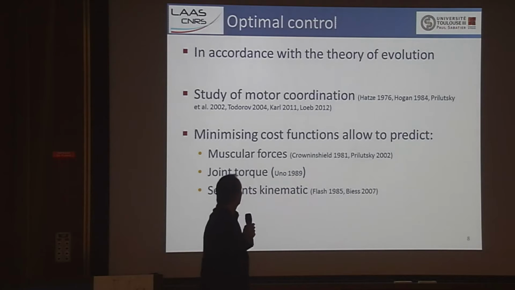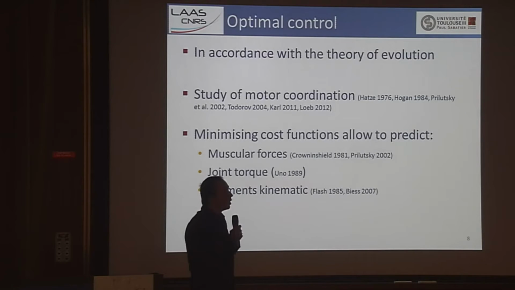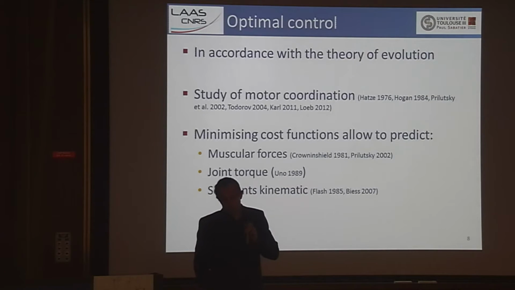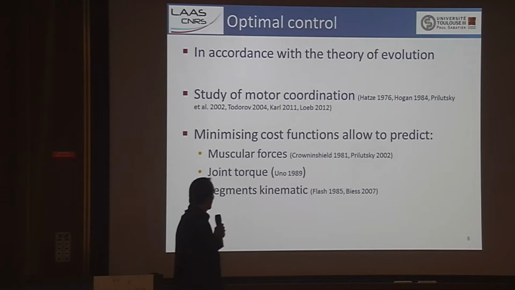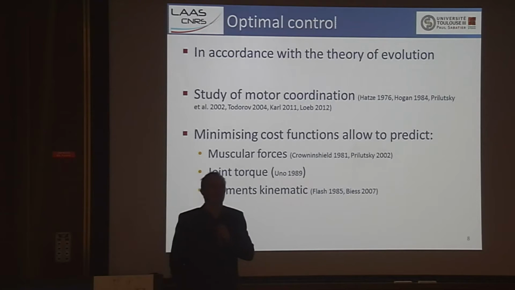In accordance with the theory of evolution, we hypothesize that for a given motion, humans tend to minimize a cost function. Minimizing a cost function allows us to predict muscular forces, joint torque, or segment kinematics. Of course, these variables, these parameters, are not exclusive between them.